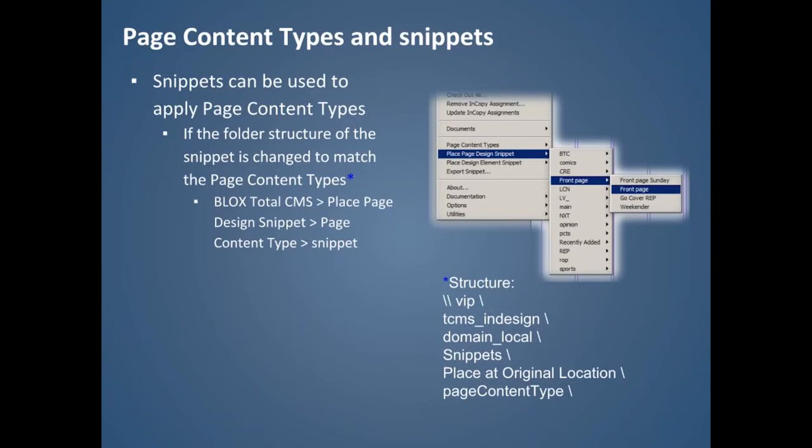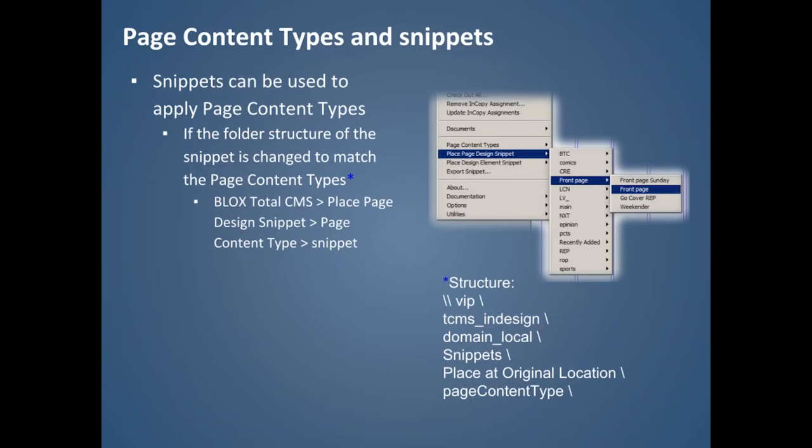So what we allow to have happen is that we can change the structure of the page design snippet folders such that there are folders for page content types. And so as displayed here, where a user is choosing place page design snippet, and then they're picking a page content type of front page, and then there's 4 separate front page snippets.